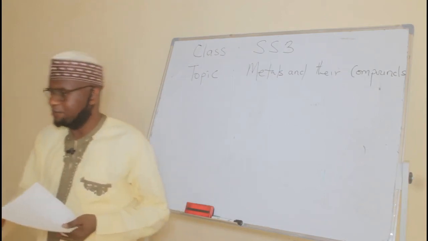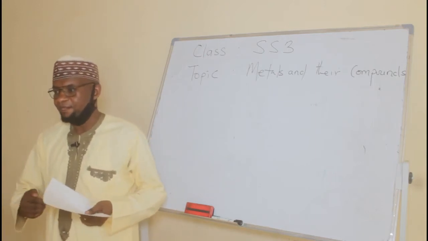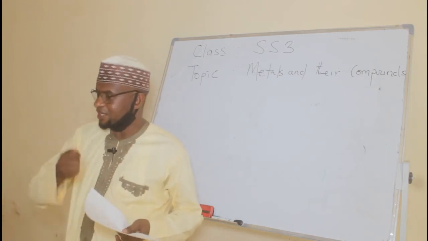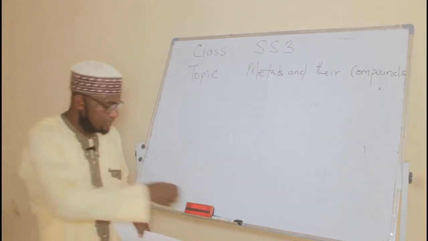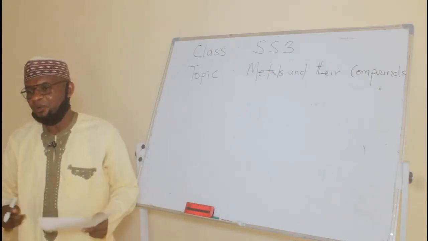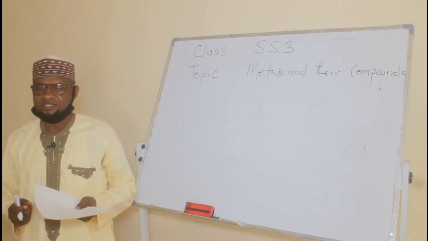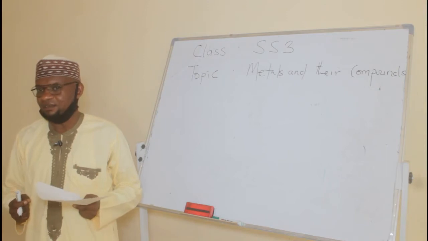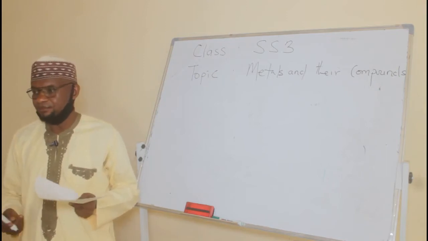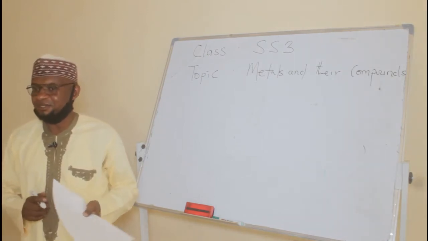For instance, elements like sodium or lithium, which are in group 1, when they release one electron, they acquire a single positive charge. Elements like calcium and magnesium, which are in group 2, when they release 2 electrons, acquire 2 positive charges. Elements like iron 3 or aluminium, when they release 3 electrons, acquire plus 3.